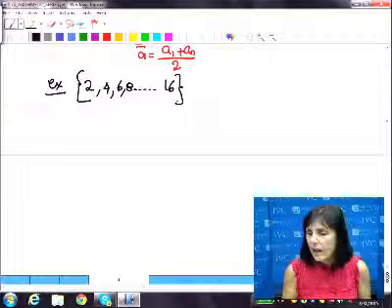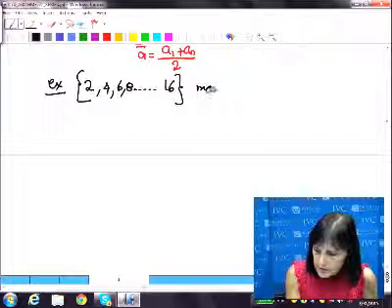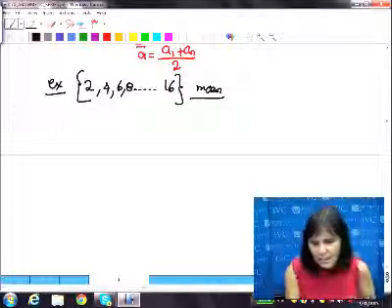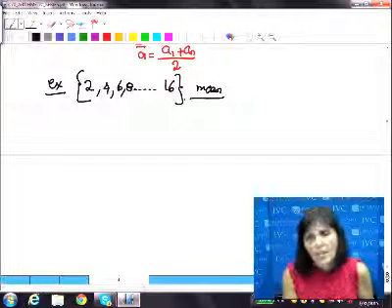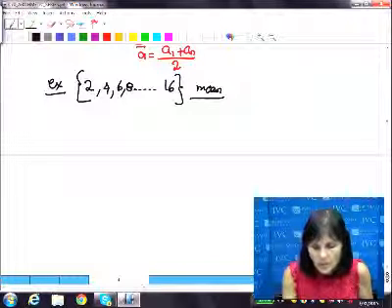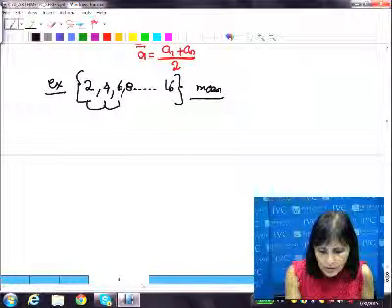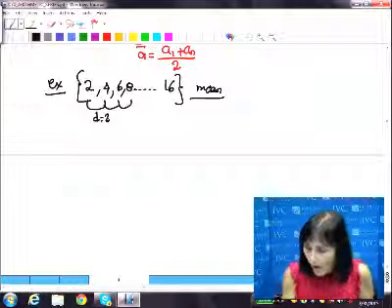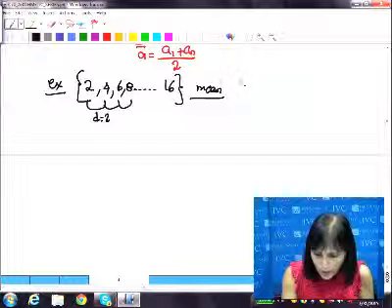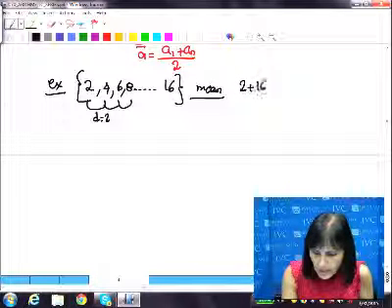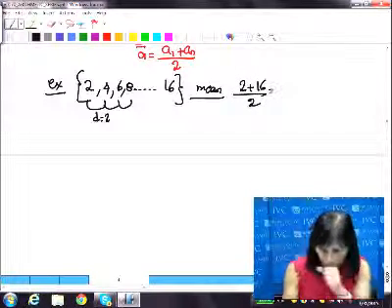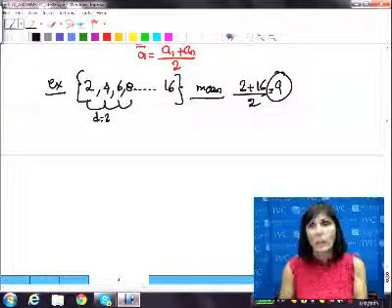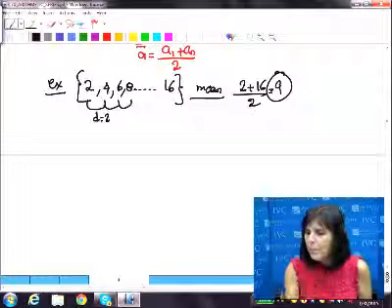One way to find the mean of that sequence is to add them all up and divide by however many things you have. But since I know this is an arithmetic sequence with a d of 2, so each time you're adding 2, all I have to do is take the first term, which is 2, and the last term, which is 16, and divide by 2. 18 divided by 2 simply gives you 9, which is the mean of your arithmetic sequence.